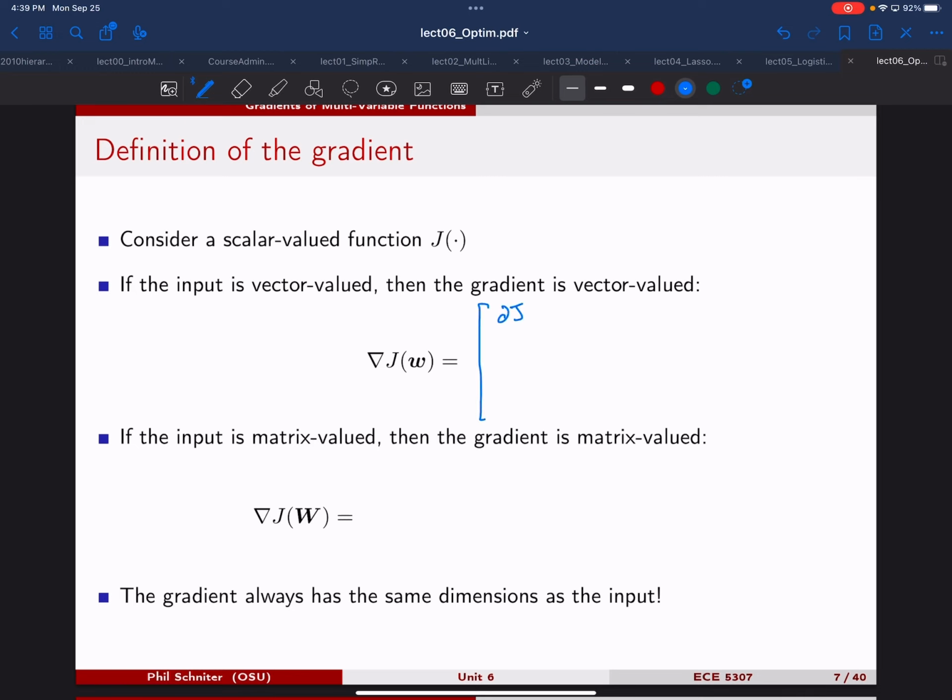It's the partial derivative of the cost with respect to the first element in W, and then the second, and so on, all the way to the partial derivative of the cost with respect to the last element, which we've been calling D. Actually, sorry, the first one should be a 0 because our indexing is starting at 0 now. Okay, so this is what we saw previously. This is a vector valued situation.